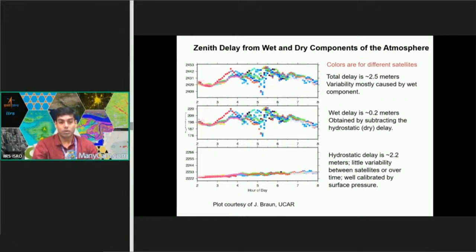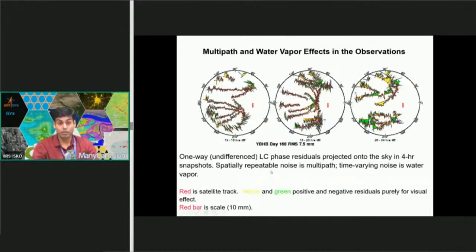We need a precise model to make it stable. When we see the hydrostatic delay, only the dry component, we can see that it has an almost linear relationship with time, but the wet delay has huge variability. It does not have a linear relationship. So that's why we need a very precise wet model.